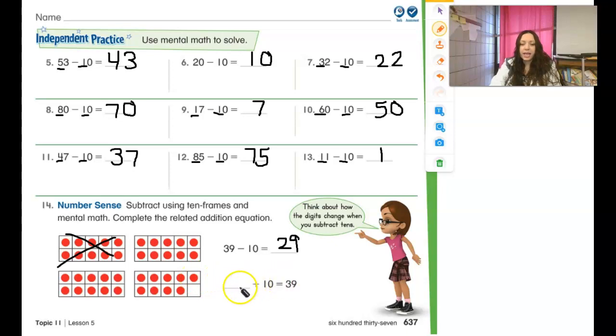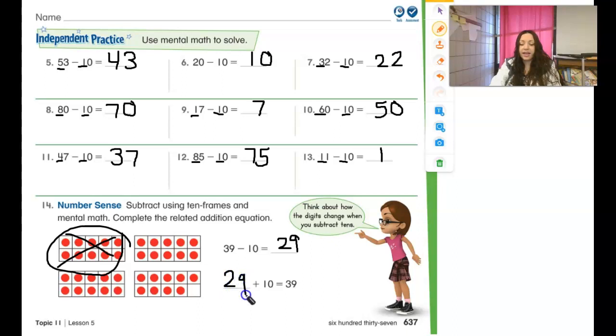It's saying blank plus 10 equals 39. So what it's wanting us to think about is if I add this 10 to a number back, what's the other part have to be? If one part is 10, then the other part has to be what we subtracted here, so it's got to be 10, 20, 29.